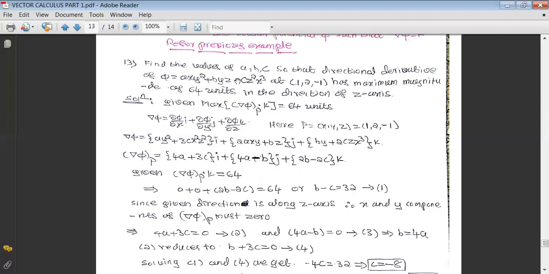Now, first let us find del phi for the given scalar. Del phi is given by ∂phi/∂x i + ∂phi/∂y j + ∂phi/∂z k, and the point P is given as (1, 2, −1).